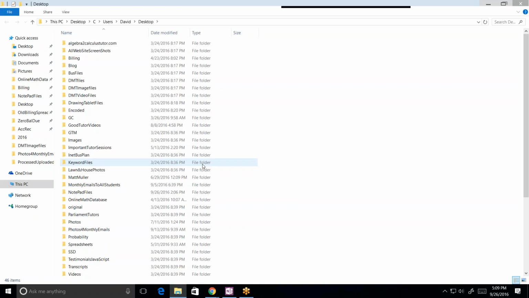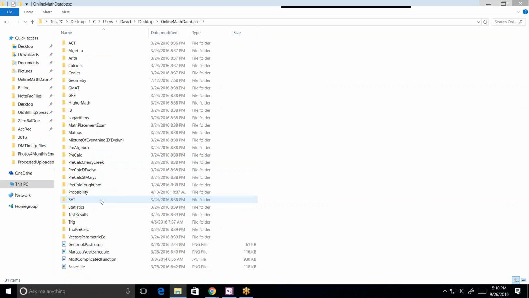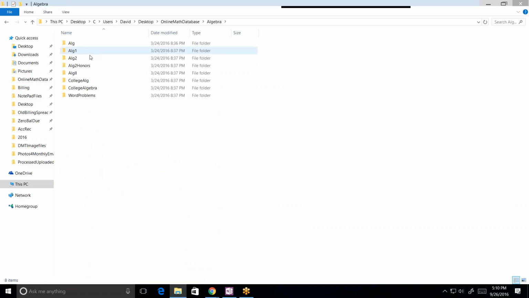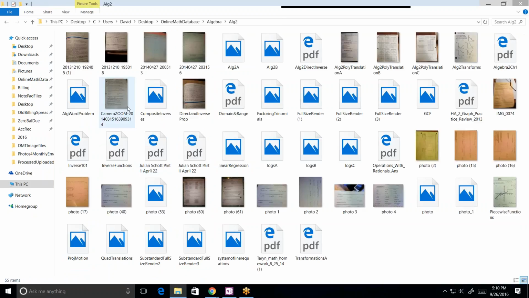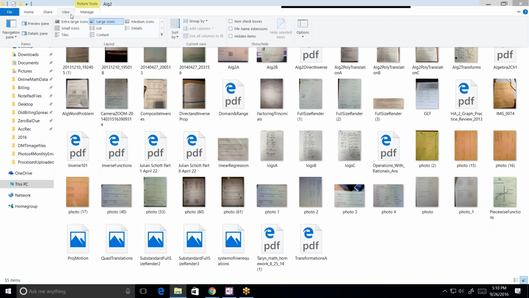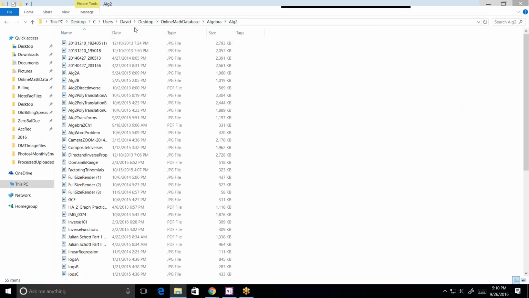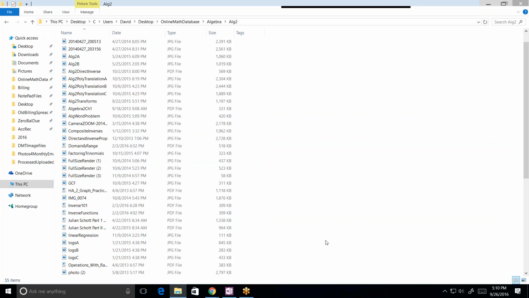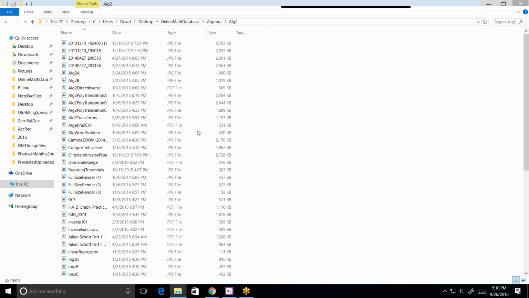I think I have some piecewise functions on my computer under algebra. Let me see how hard it is to find them. Now, let me view the list. Oh, I see one. Go back to the last page.